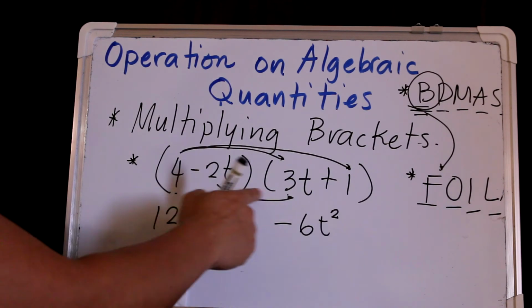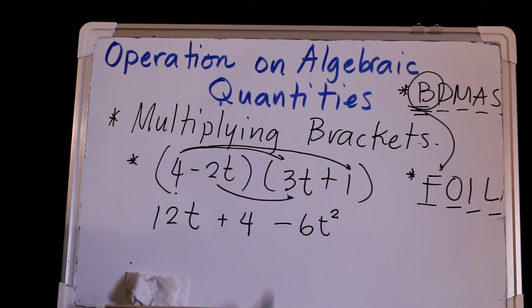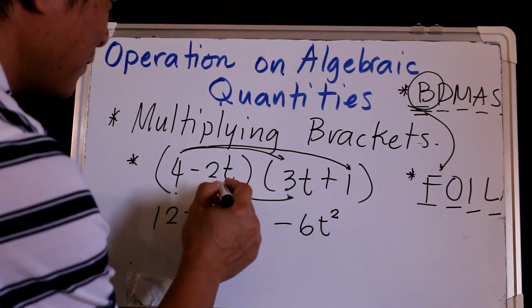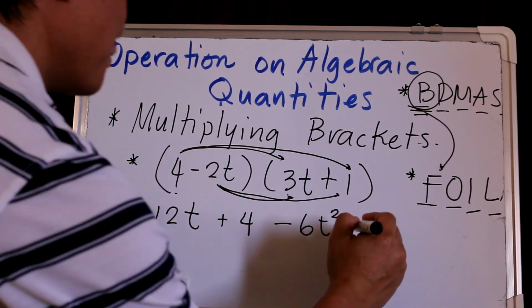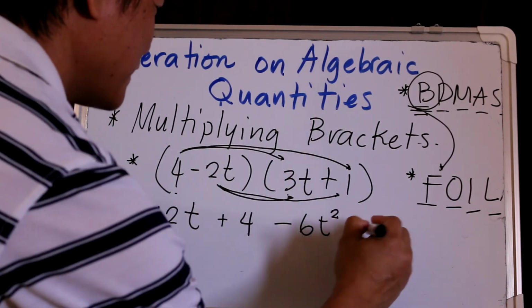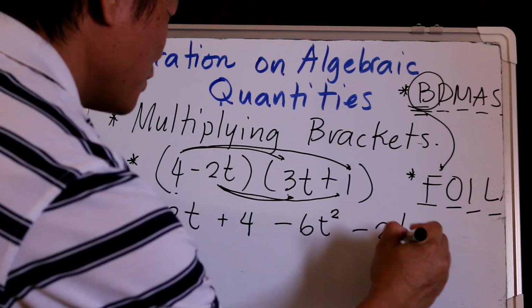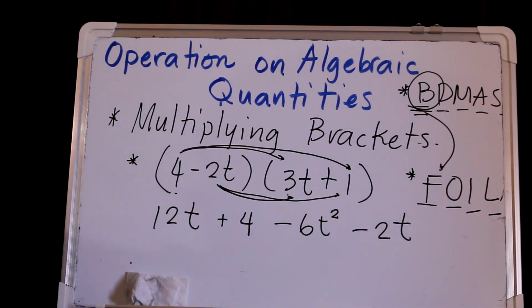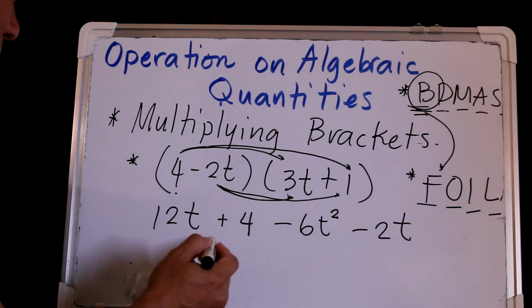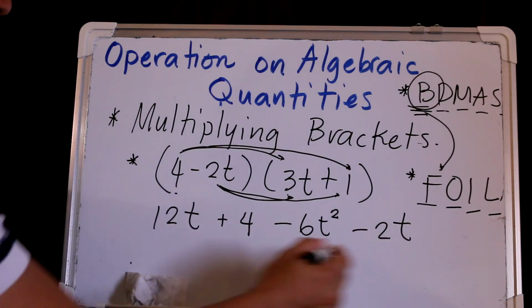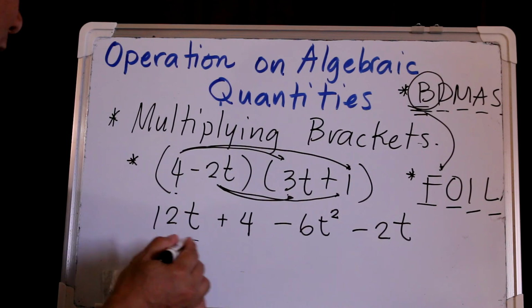Remember, multiplying that, this goes to the power of 2. And then you have this one right there, so you have a minus 2t. Now combining like terms, we have t here, same t here, right? So we'll combine this and that.